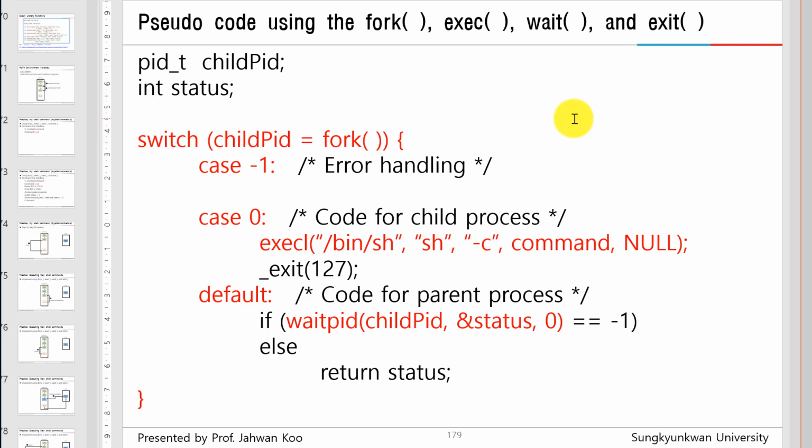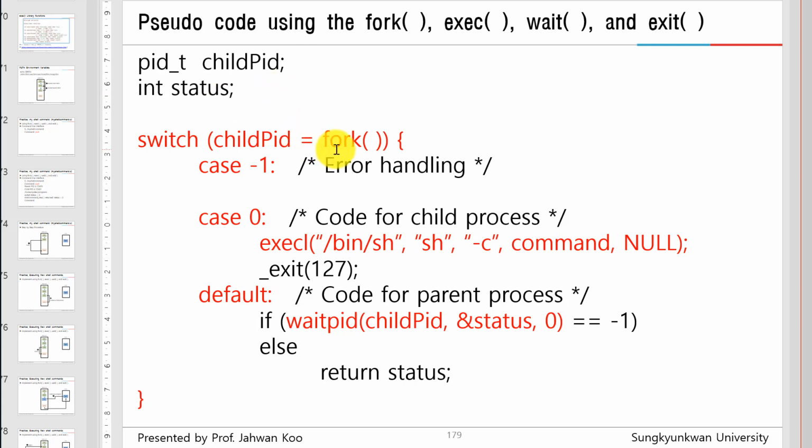First, we declare a child PID variable and a status variable. The child PID variable will contain the return value of the fork system call. The status variable will contain the status of the child process.